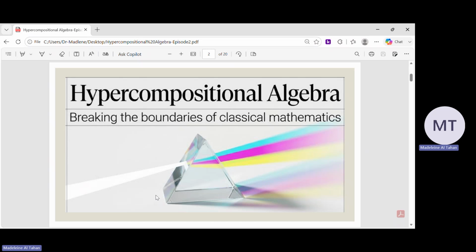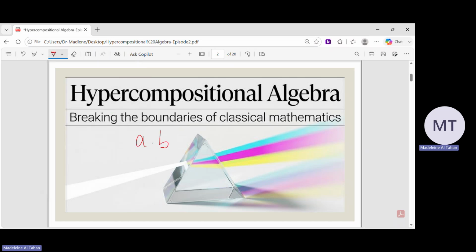So instead of saying A with the operation B gives C, we now have the right to say A with B gives, let's say, X, Y, Z. Hypergroups provide one of the earliest and most important examples of this idea.